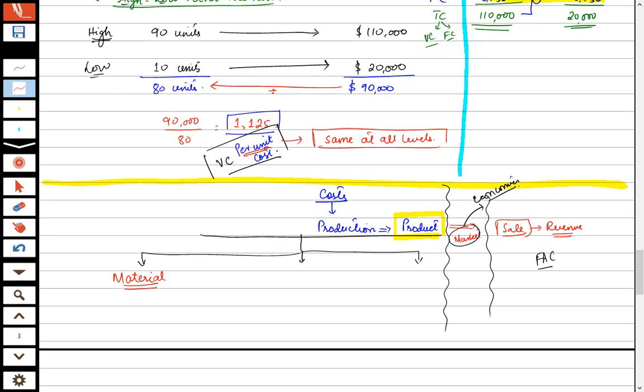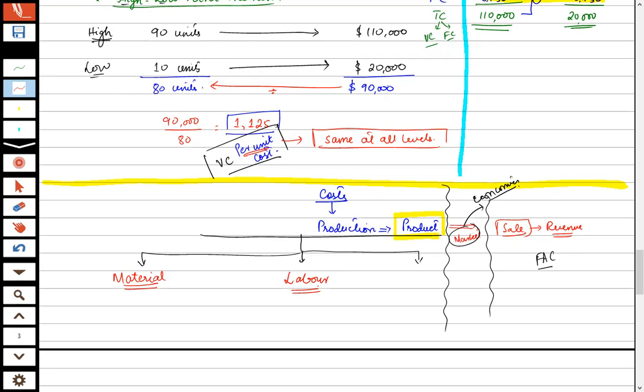Then, if material is present, but in our factory the labor is not present, then we cannot do production. Even to operate machinery, even a single labor is required. So material, and the second factor is labor. And then obviously the expenses associated with that product.